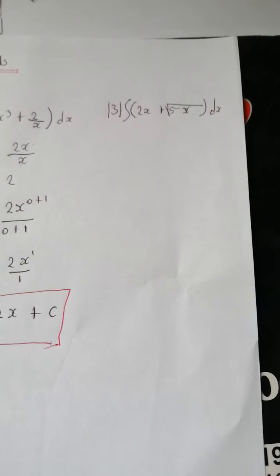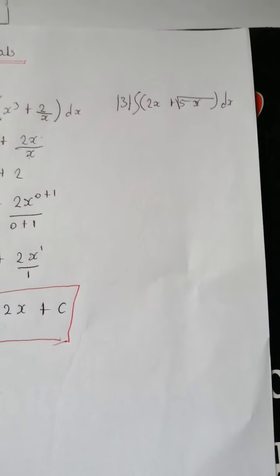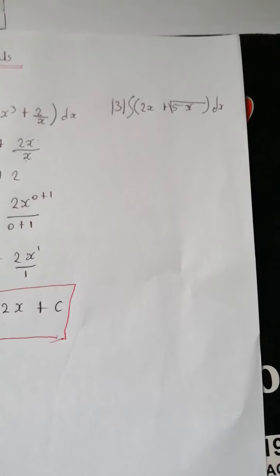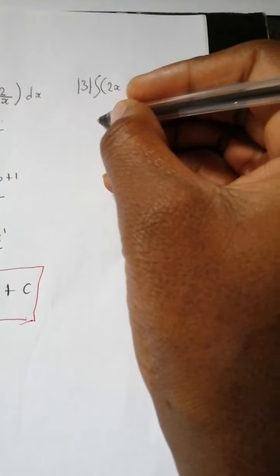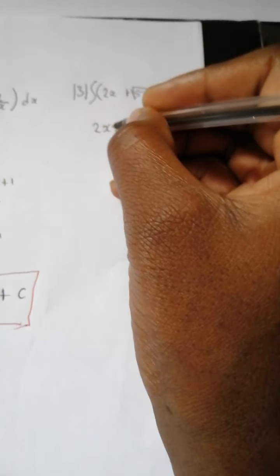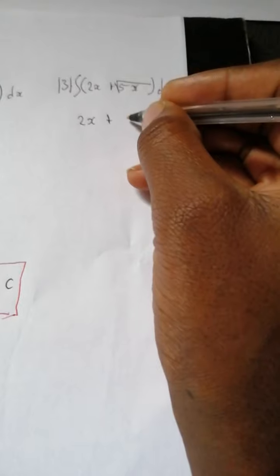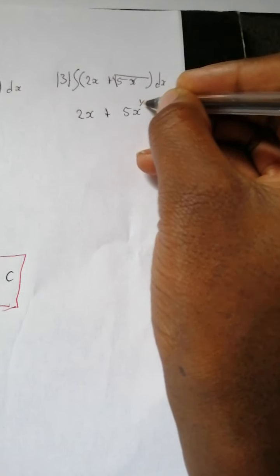We've been asked to find the antiderivative or the indefinite integral of this function. So how can we find the indefinite integral of this function? Here we're going to write it like this. It's going to be 2 plus, and this square root we're going to write like this, 5x raised to the power 1 over 2.